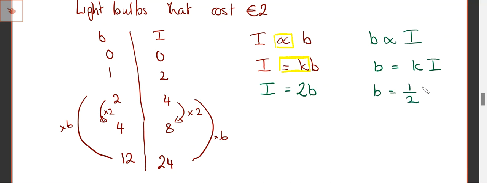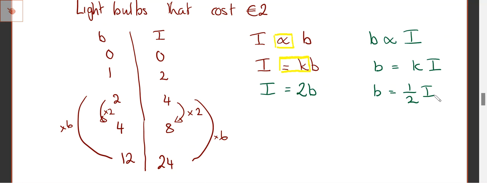Half of I. Look at it. If I spend $16, how many light bulbs did I buy? 8. If I spend $50, how many light bulbs did I buy? 25. Half that. If I bought 30 light bulbs, what's my income? 60.